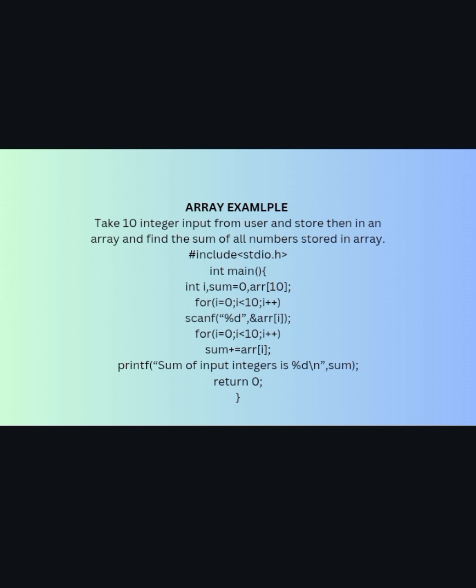For i = 0, i < 10, i++, scanf %d and array[i]. Then for i = 0, i < 10, i++, sum += array[i]. printf sum of input integers is %d \n, sum. Then return 0.